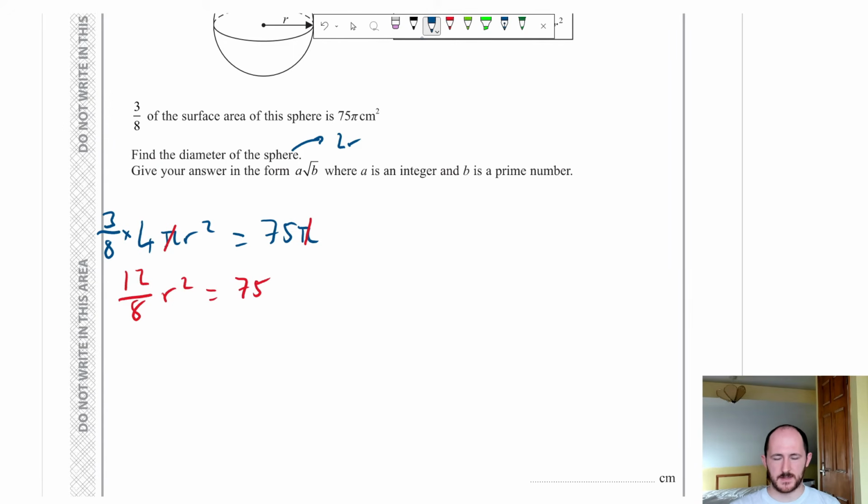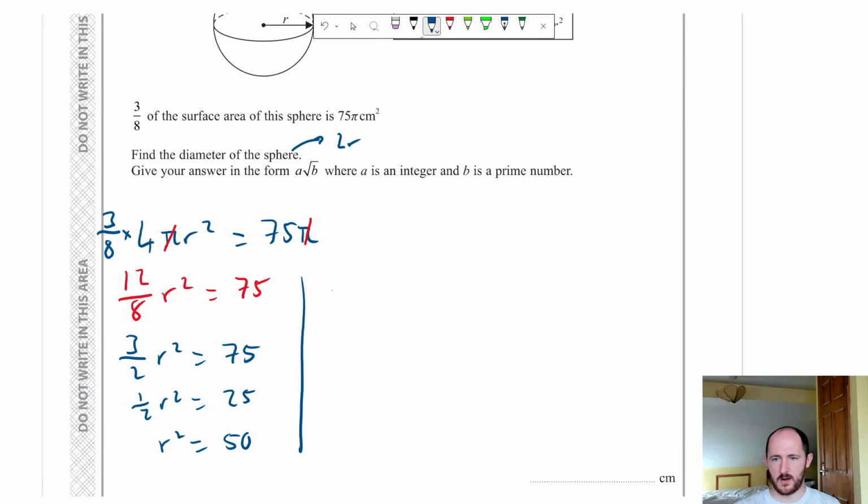Then if we simplify this, we can divide top and bottom by 4, so we get 3 over 2 r squared equals 75. Divide both sides by 3, we get a half r squared equals 25. Times by 2, we get r squared equals 50, which means r is equal to the square root of 50.